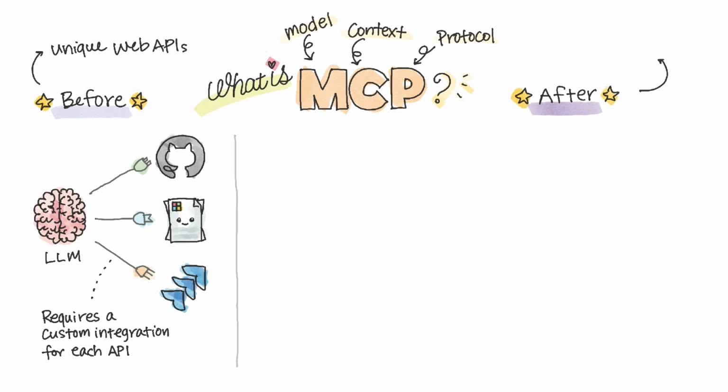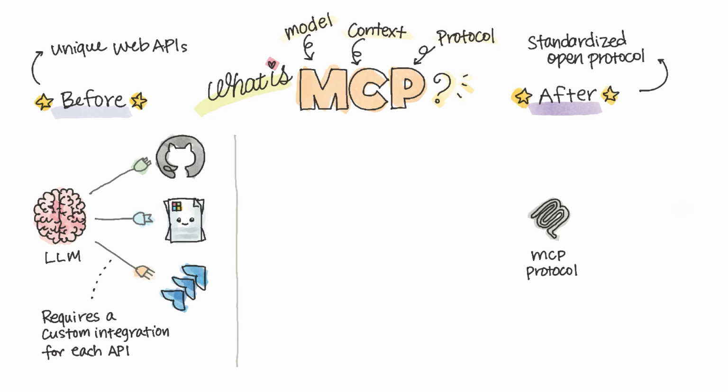Now imagine having one universal port, like USB-C. That's MCP. Open sourced by Anthropic, MCP is a standardized protocol that lets AI models interact with these services in a consistent way. Think of it as a shared language between models and tools.